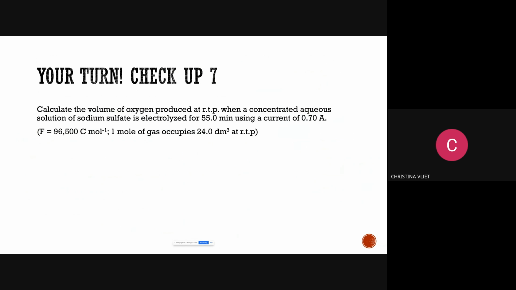You just have to recognize it's for oxygen, not hydrogen. You have your final answer? You can write your answer either in dm cubed or cm cubed.